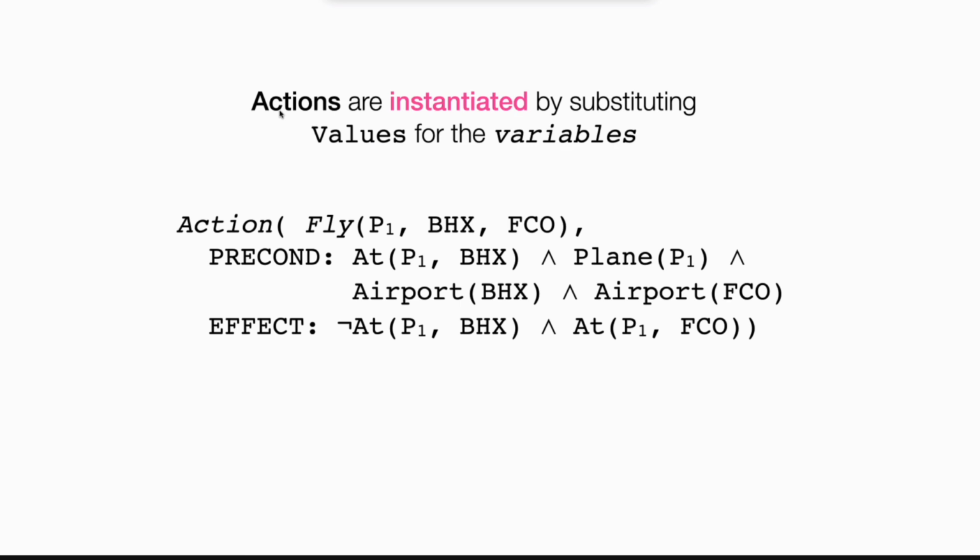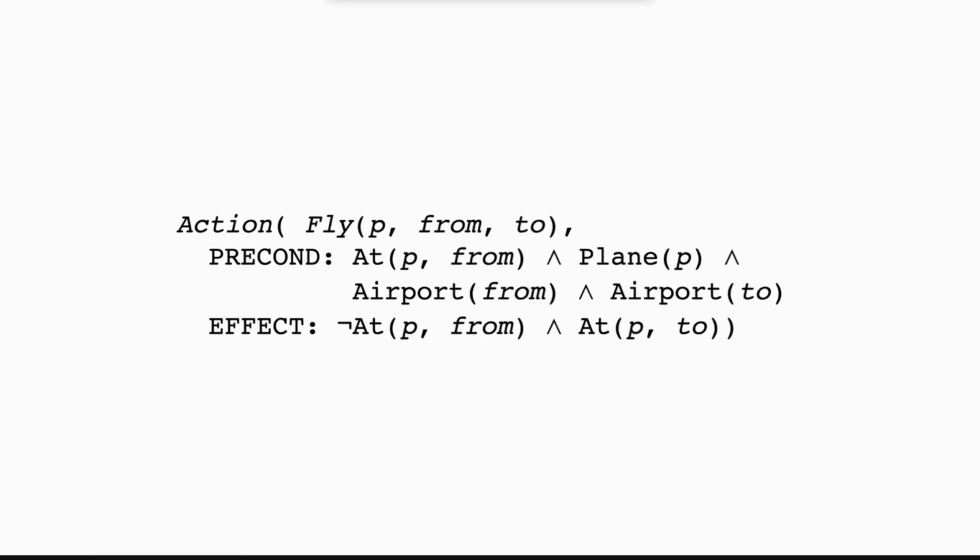So you would write your domain description, which would look like this, lots of actions. You would write an initial and a goal state, and we'll talk about this in a minute. And then a planner would find a plan that applies actions to get you from your initial state to your goal state.